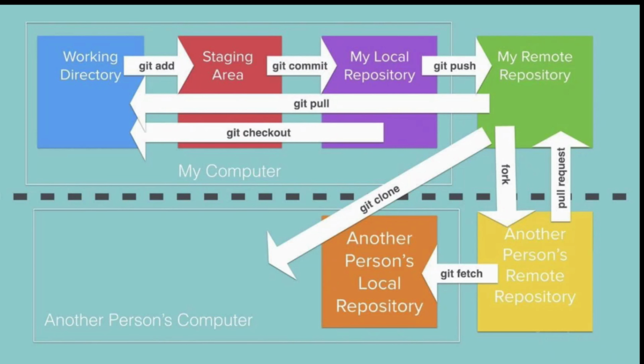Git clone is when you come across a project, you want to make it yours. That is, you want to work on it, or you want to extract some features from that particular project. Then copying that project directly into your local repository is git clone.